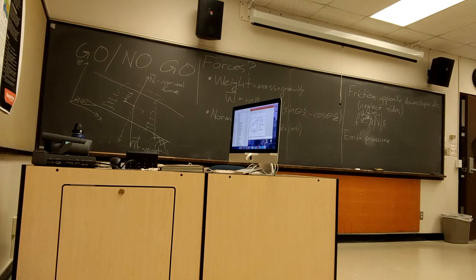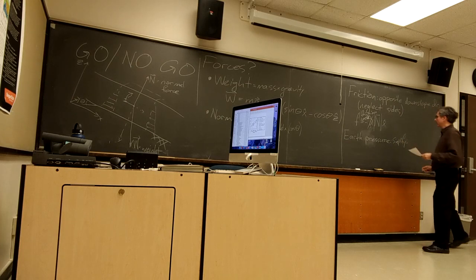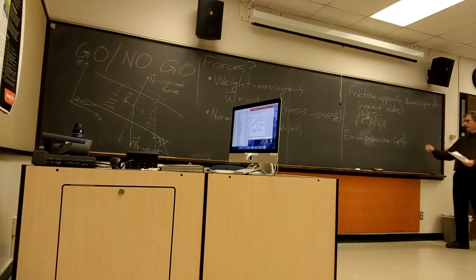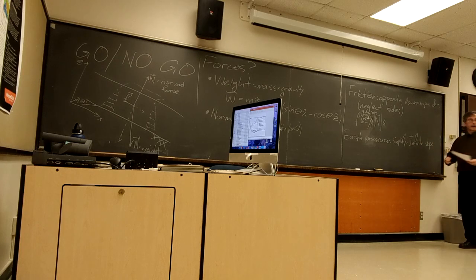And here we're going to make the simplification that we're talking about an infinite slope. What I'm trying to get to is called the infinite slope model.